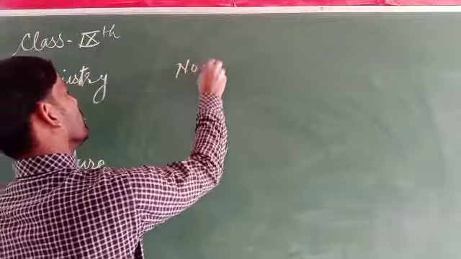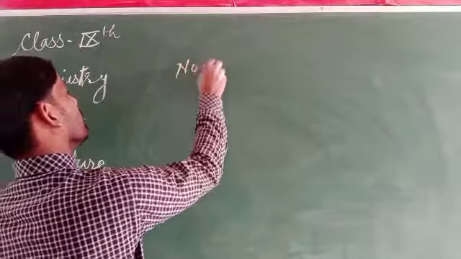So here 1 electron is taken, so in that case 2 electrons, 3, 4, 5, 6, 7, 8, 9, 10. 2, 8, that is 10.